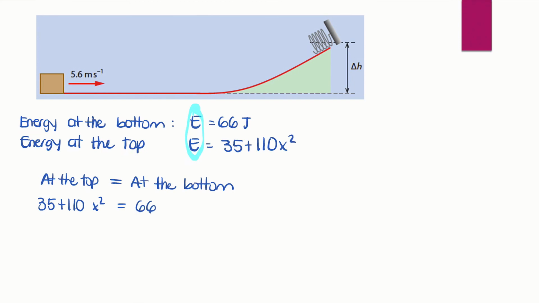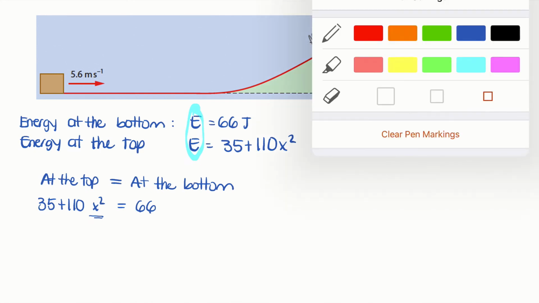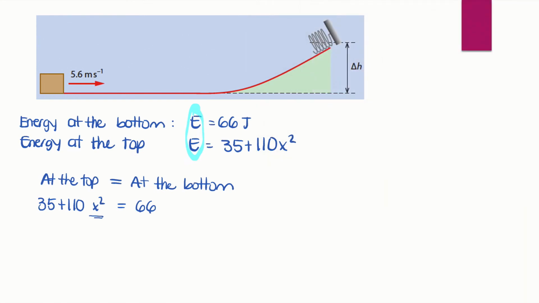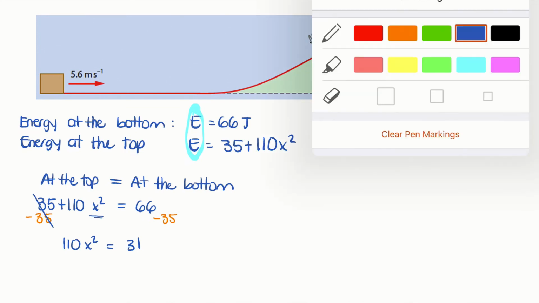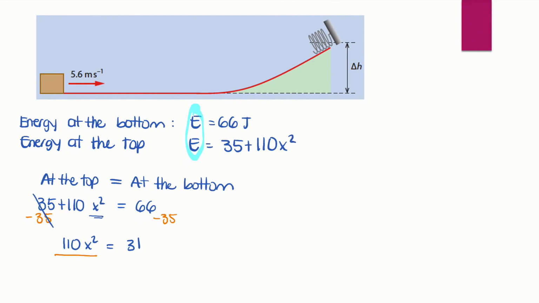So now we have an equation with only one variable, which is x squared. So what I'm going to do now is solve the equation. I'm going to subtract 35 from both sides of the equation, so this is going to cancel. And then I am going to divide both sides of the equation by 110, and now I can see that this cancels.